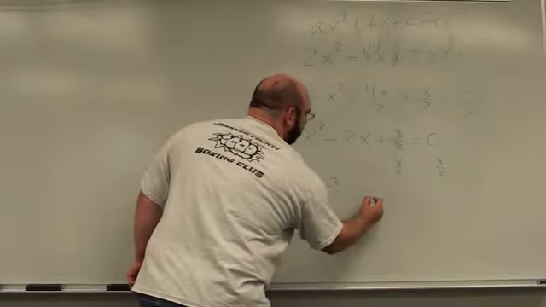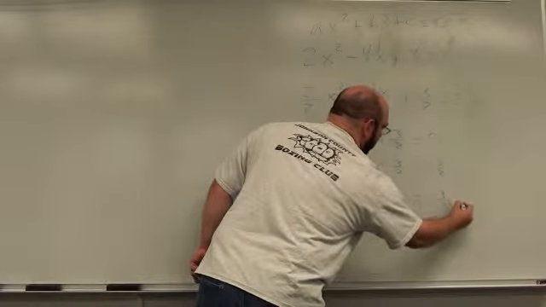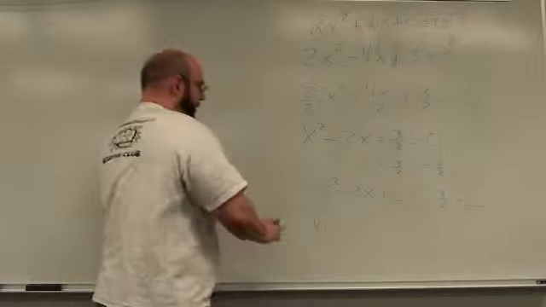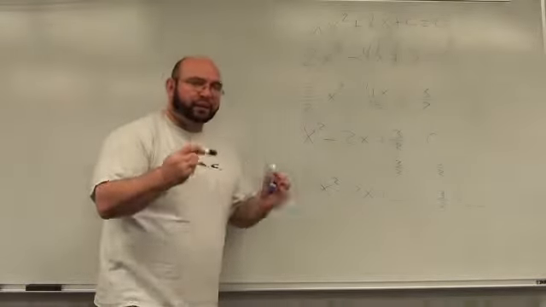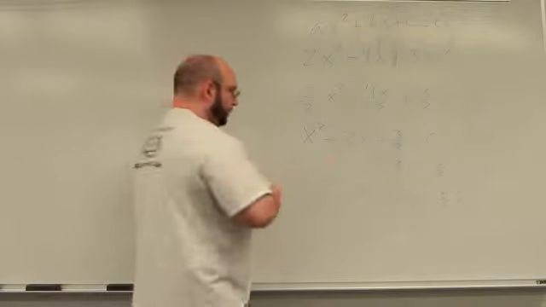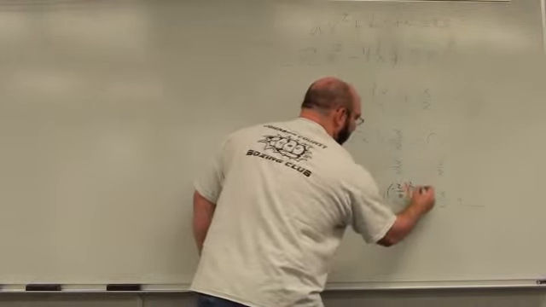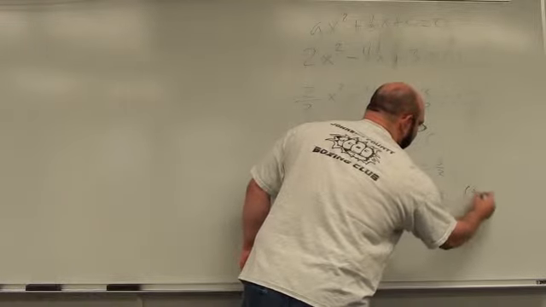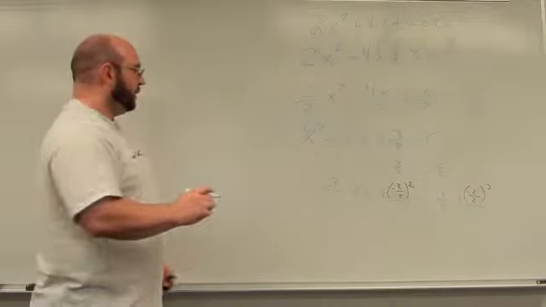x squared minus 2x. Just like that. So I'm going to take my b. My b is -2. I'm going to divide that. -2 divided by 2 squared. Notice I put them on both sides of the equation.